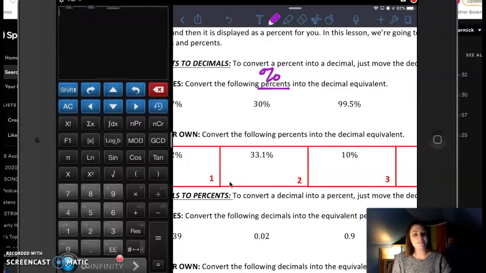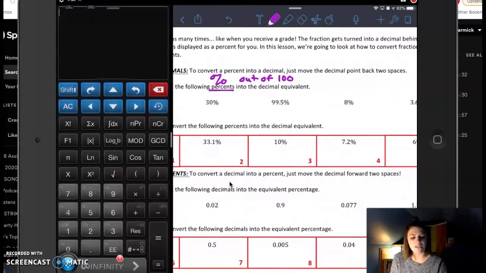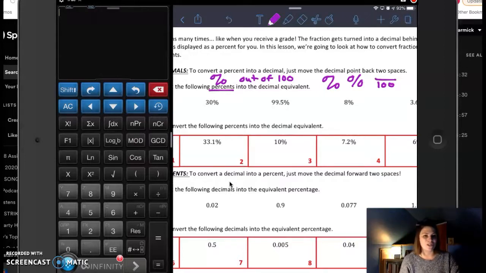The word percent means out of 100, which is another fancy way of saying divided by 100. Also, if you look at this symbol, it kind of looks like a fraction and it has 2 zeros. So if it helps you to remember, you can think, okay, this symbol is the same as saying divided by 100, or the bottom of the fraction is 100.